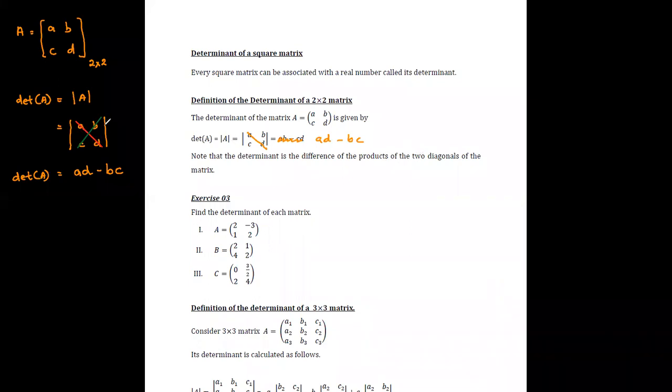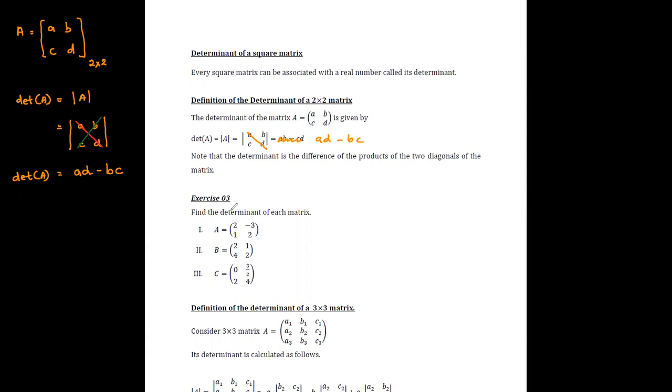You can apply this concept to any given 2 by 2 matrix, but you cannot directly apply it to a 3 by 3 matrix. We will use another concept for a 3 by 3 matrix. Only for 2 by 2 matrices can you directly apply this concept.